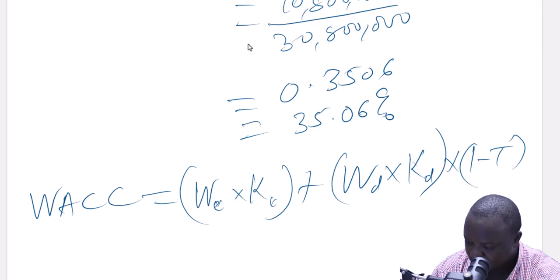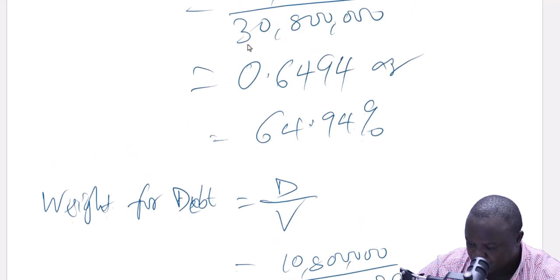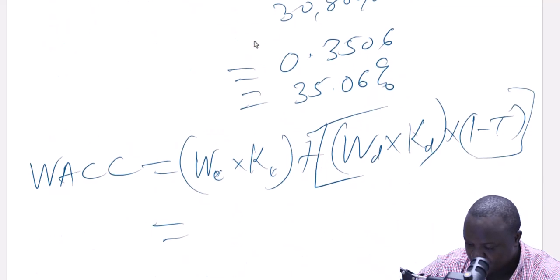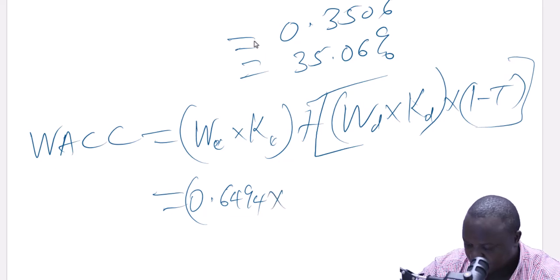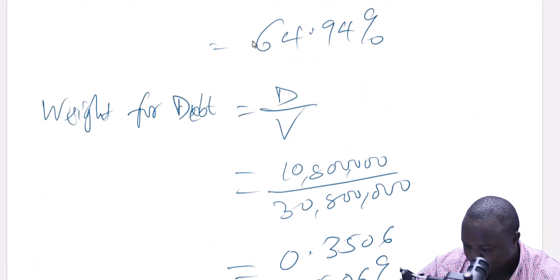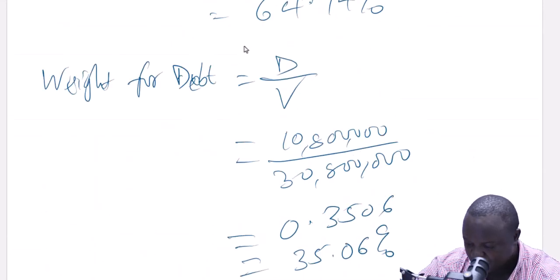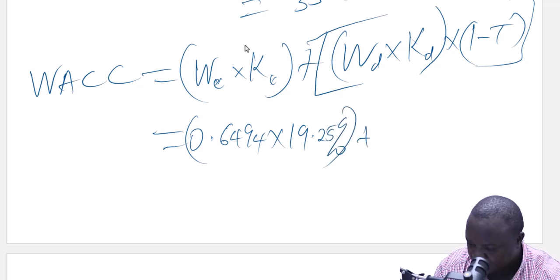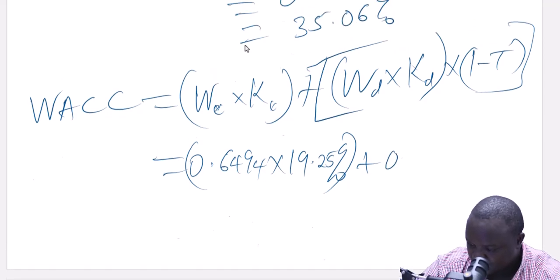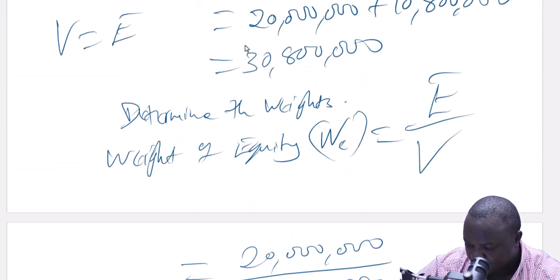So this is going to be, of course, we have the weight of equity, that is 0.6494 times the cost of equity we got to be 19.25% in brackets, plus 0.3506 times the cost of debt.